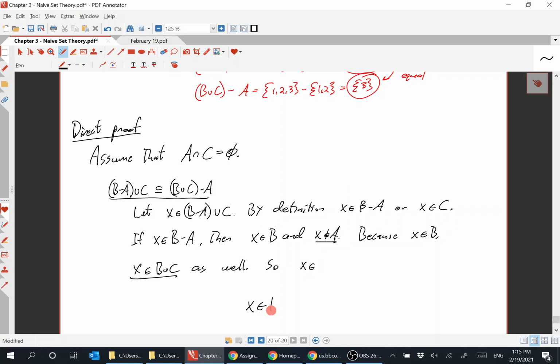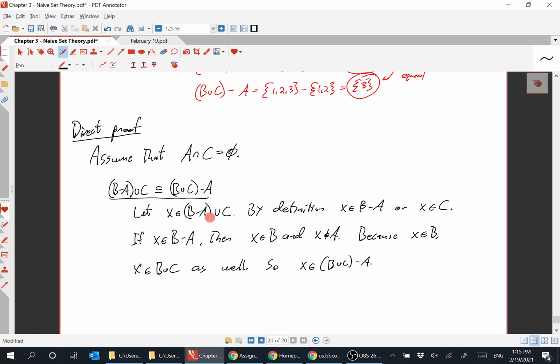X is in B union C minus A. Right? This means X is in B union C, and X is not in A. I have both of those facts. I obtained the fact that X is in B union C via the known fact that X was in B. All right, that's half of that part.